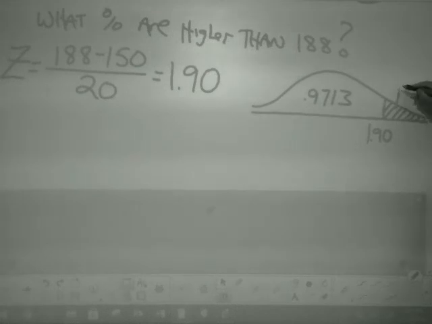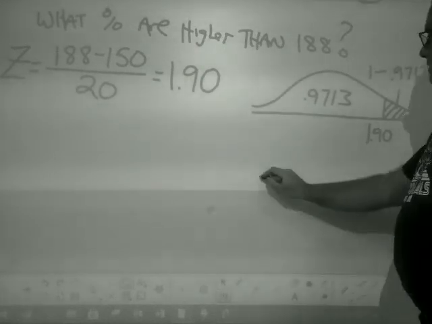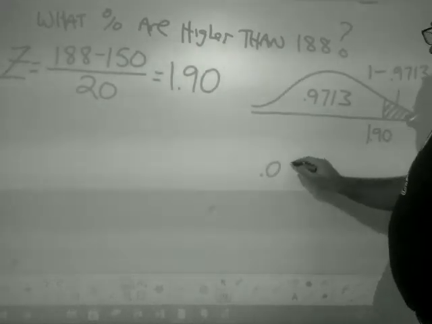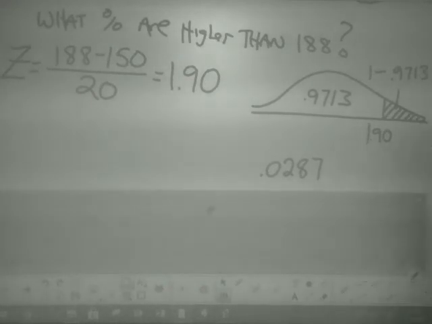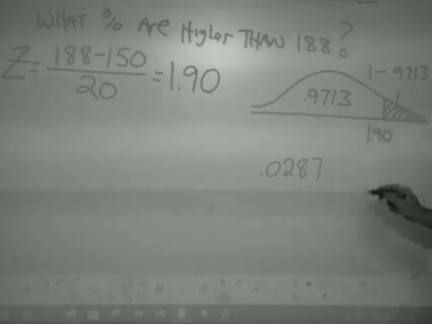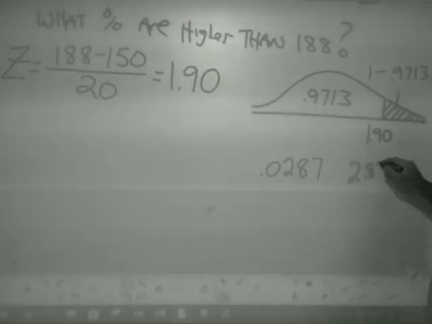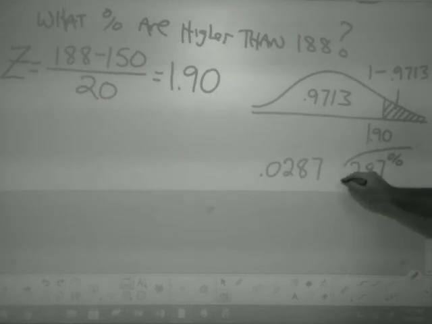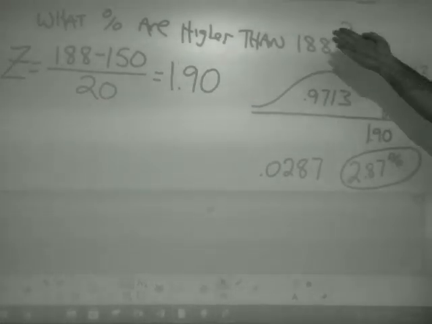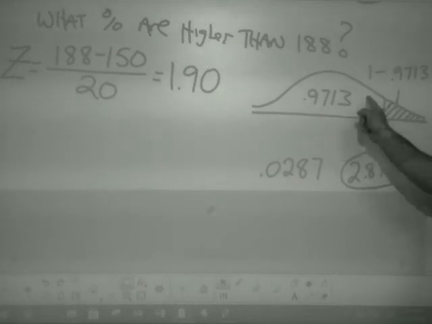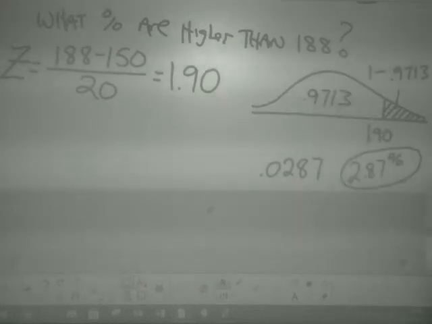So this is 1 minus 0.9713. 1 minus 0.9713 is 0.0287, or 2.87%. And that's your answer. So when we work above, we have to do 1 minus whatever the book tells us.